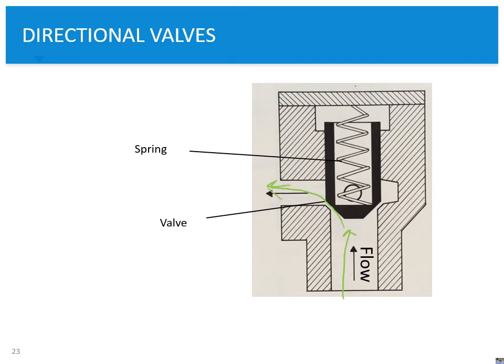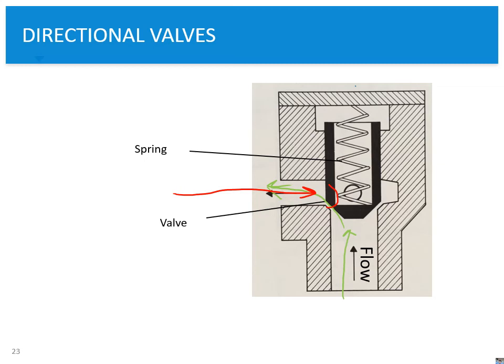On the other hand, when I have a flow coming from the other direction, it can't push the spring up, so it's just blocked over here. And if you do a good design over here, like making some flow channel, you can even make the flow seat this cap even better. So that's really something.